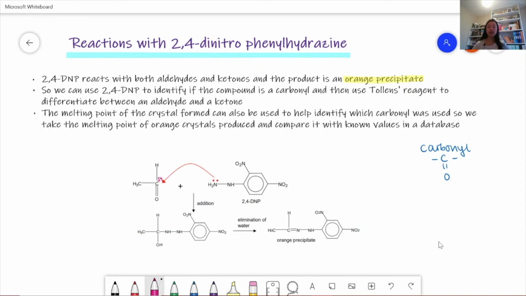So we get this new molecule. Then we eliminate water to form a C=N double bond. Remember back to when we were dehydrating alcohols to form alkenes; that's basically what's happened. This product is an orange precipitate. You won't need to know this. This is just so you get a clear idea of what happens.